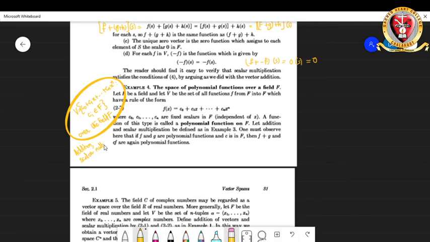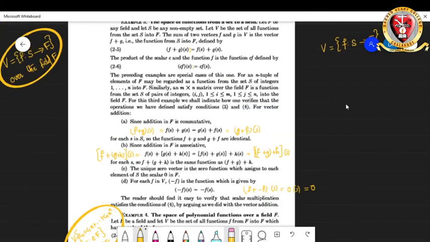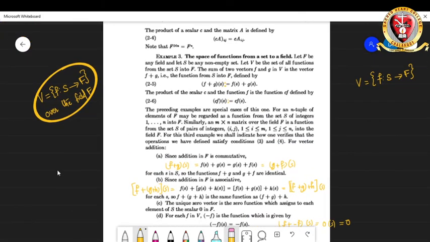Scalar multiplication. So in each example you have to specify that also. What is the addition here? Addition of vectors. What is the scalar multiplication here?